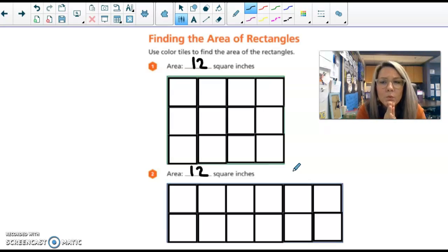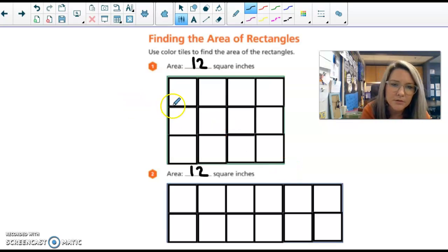Now, what if we measured the perimeter? If we measured the perimeter, we would need to label the measurements around all sides. Remember these are square inches, so each side of a square unit is 1 inch. So I have 1, 2, 3. The measurement on this side is 3 inches.